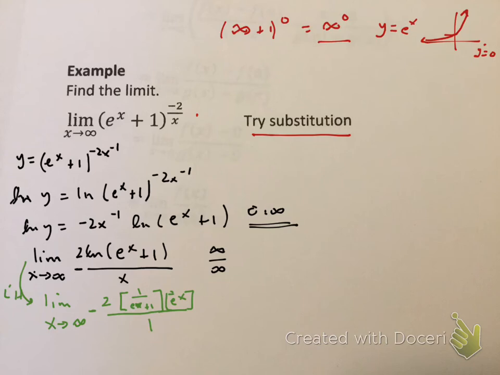So if I simplify this expression before I worry about anything else, this is a negative 2 over e to the x divided by e to the x plus 1.